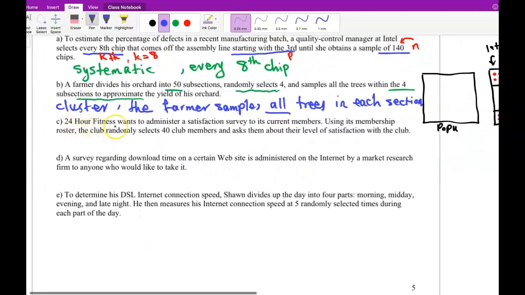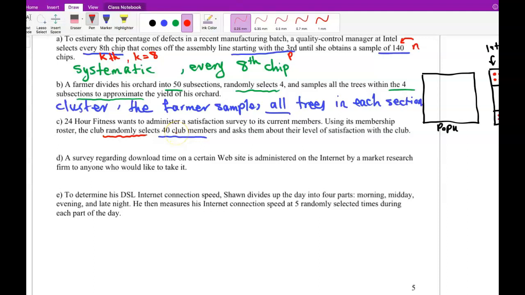Part C. A fitness club wants to administer a satisfaction survey to its current members. Using its membership roster, the club randomly selects 40 club members and asks them about their level of satisfaction with the club. Okay, here is the point. The club randomly selects 40 club members. This one is simple random sampling.